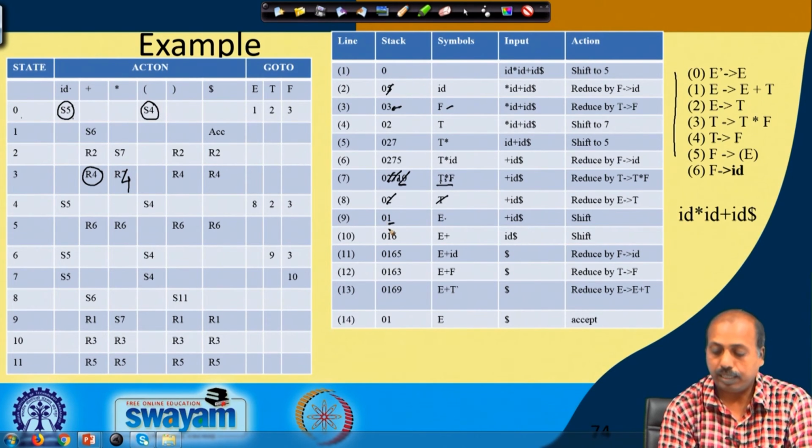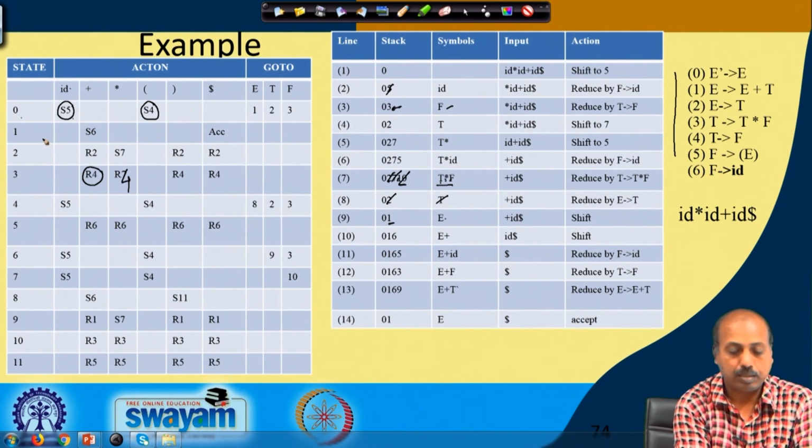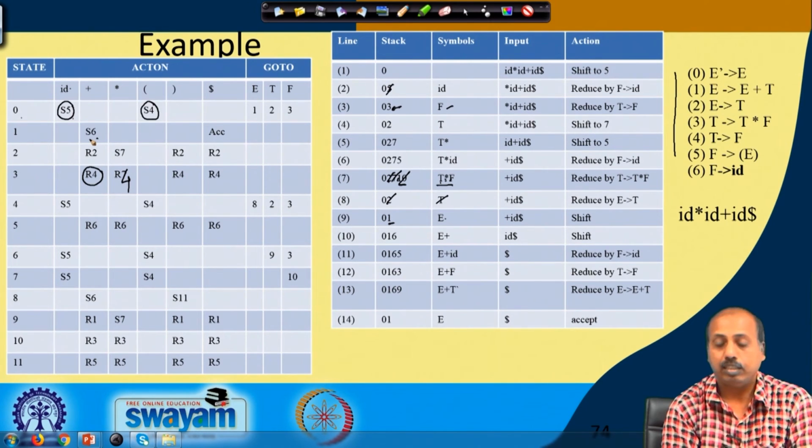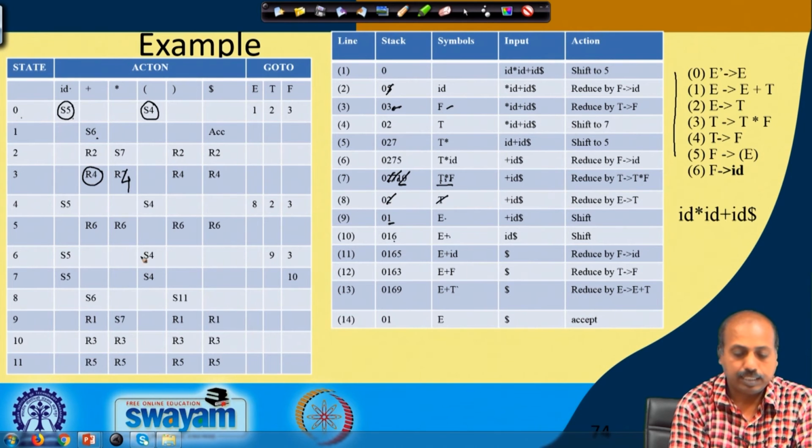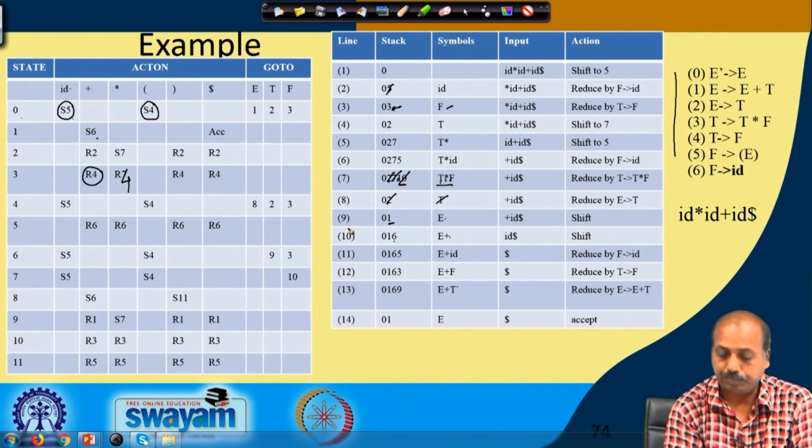Now, 1 and plus. So, 1 plus says shift and go to state 6. So, this plus is shifted and it goes to state 6, and now it will be 6 and ID. So, 6 and ID tells it is shift 5. So, it will be shifting.